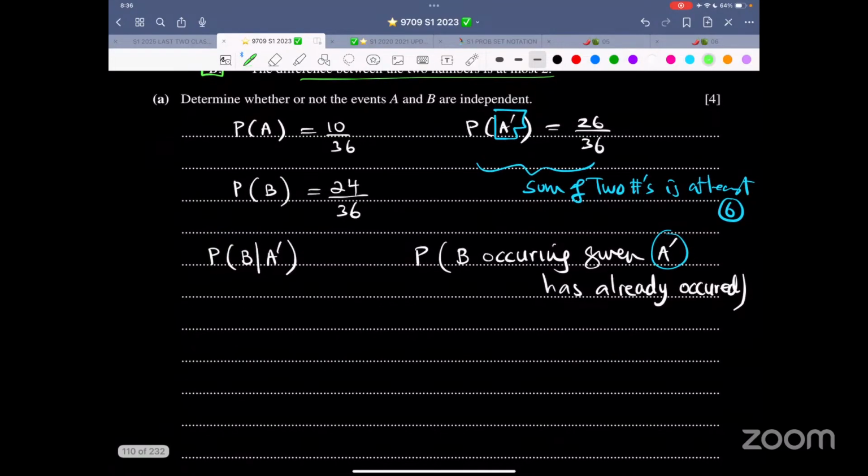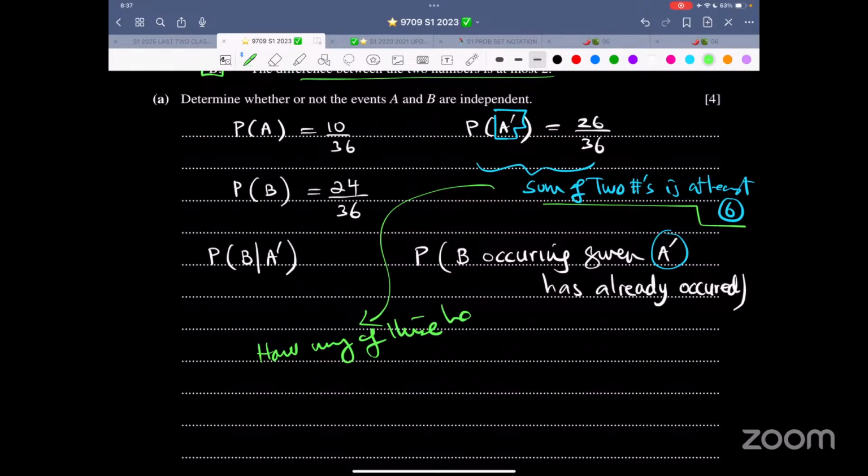So now the sum of the two numbers is at least 6. Check how many of these have a positive difference of at most 2? So it is a very strong question.